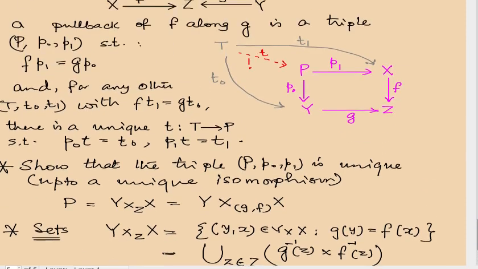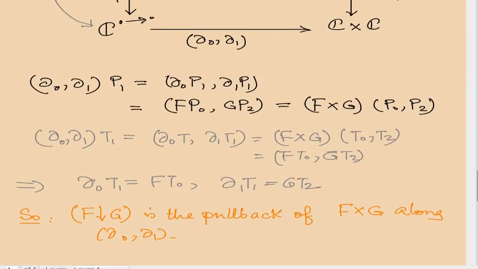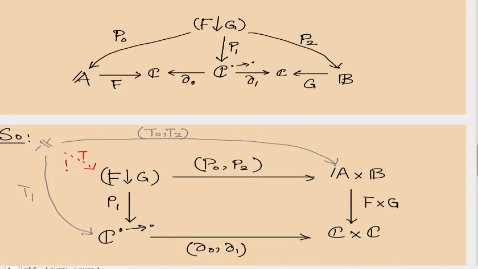So what we have shown is that f upon g is actually the fibered product of f cross g along the domain codomain theorem. Okay. Alright, so now we shall look into several examples.